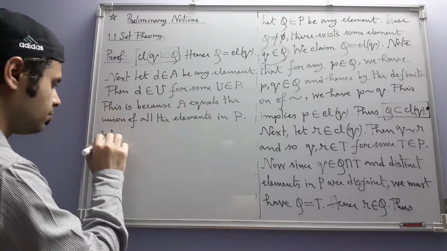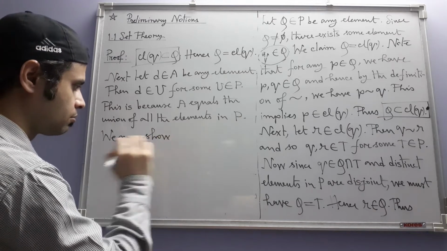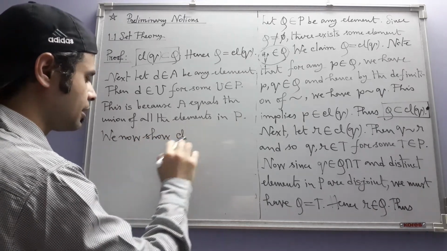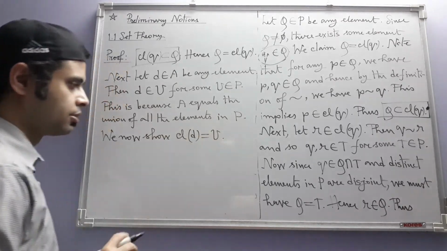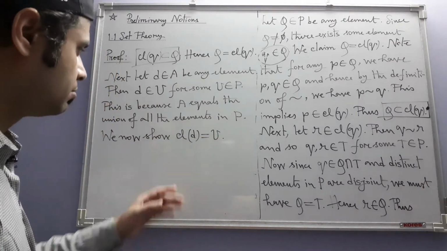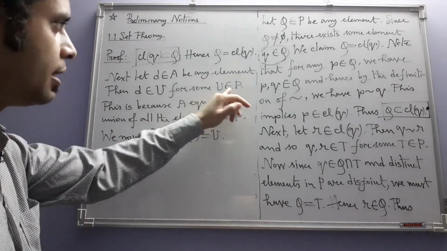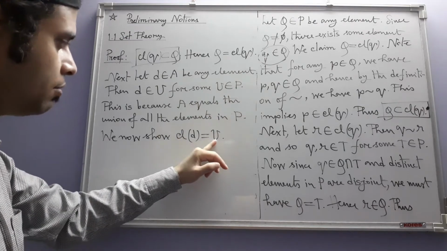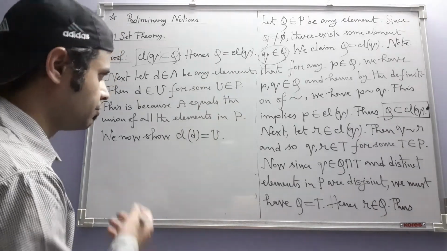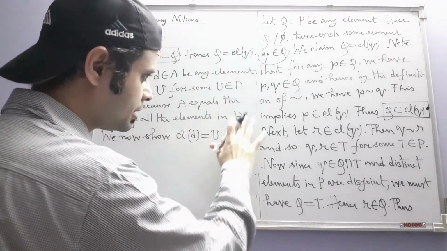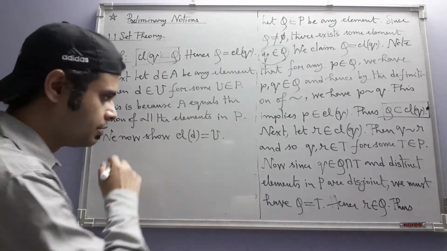We now show that class of D is equal to U. That's how we will prove that class of D belongs to P, because U is an element in P. Since class of D will now be proven to be U, so this will belong to P, and we will be done. And the procedure is just like this, but anyway, for the sake of completeness, let me carry out all the steps.